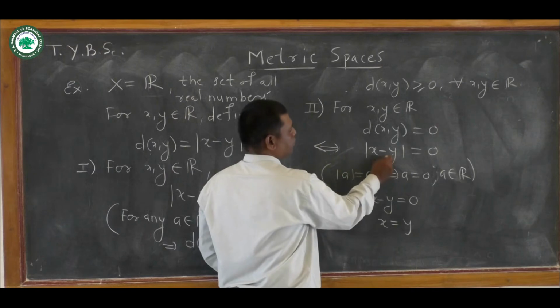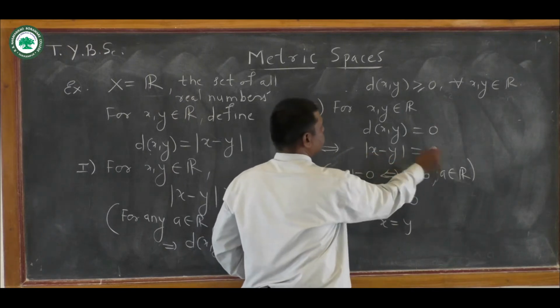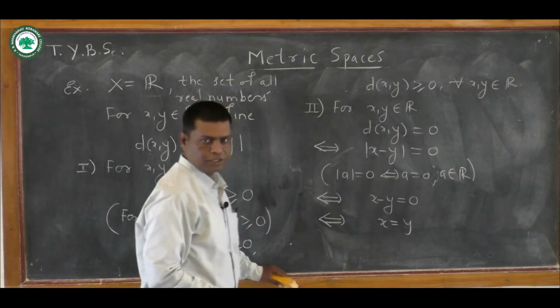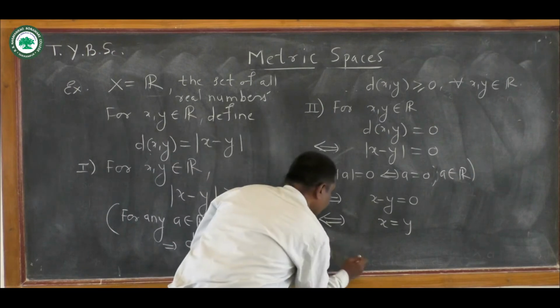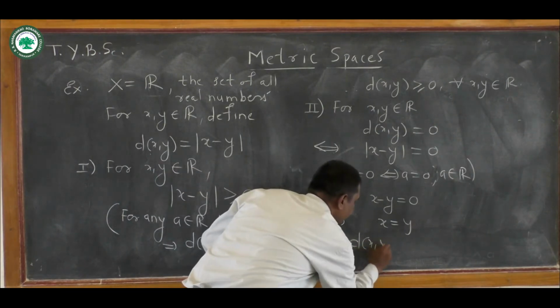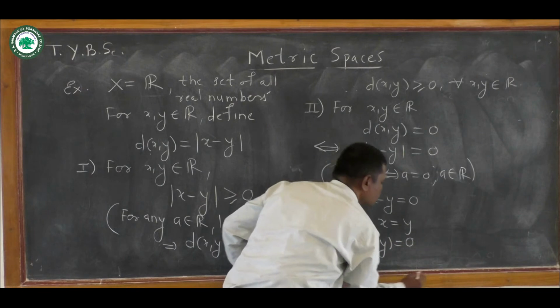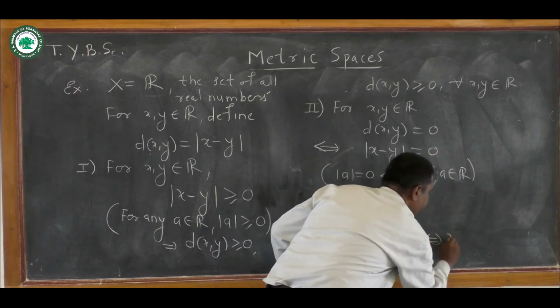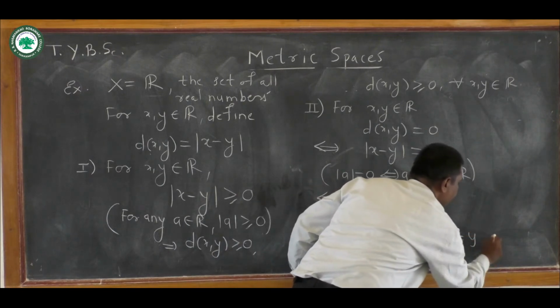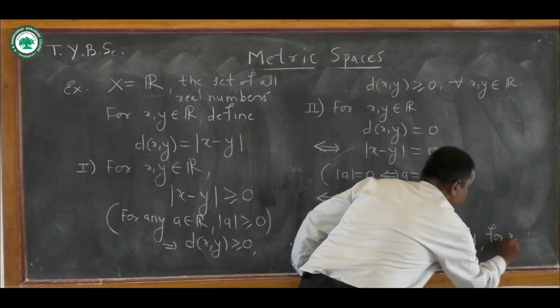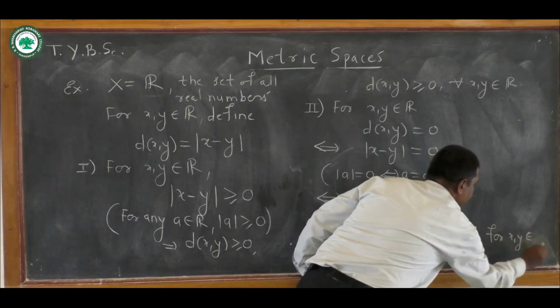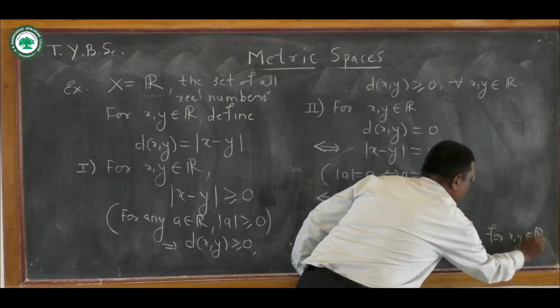So we get |X − Y| = 0, that is D(X,Y) = 0. Therefore D(X,Y) = 0 if and only if X is equal to Y, for X and Y belonging to R.